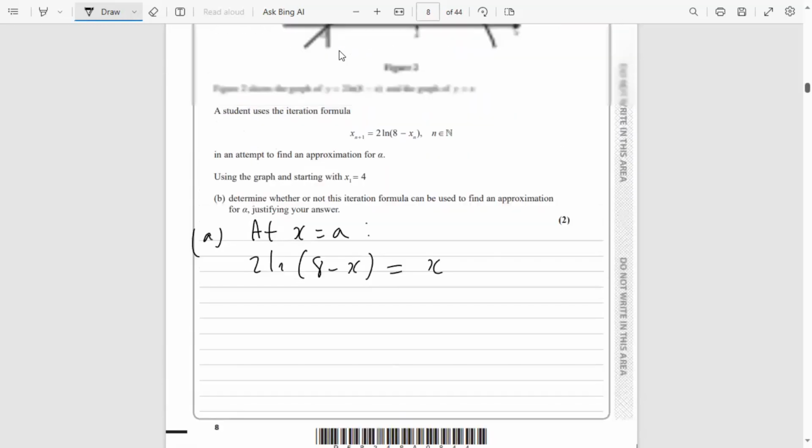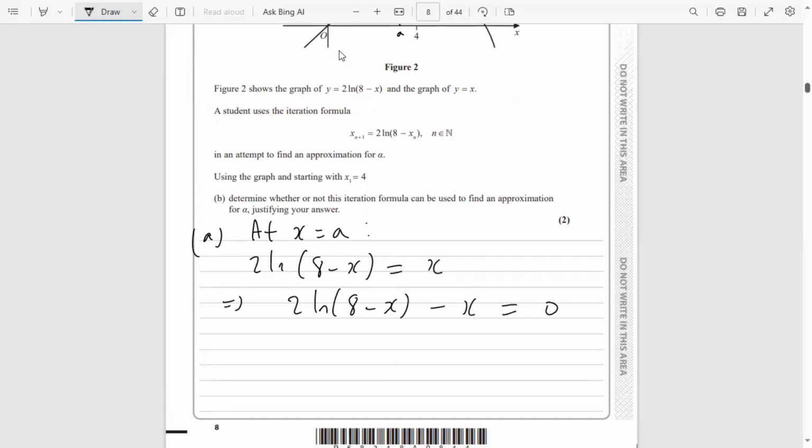Then it's a case of rearranging this equation so that we get 0 on one side. You'll see in a minute why. So we get 2 ln(8 minus x) minus x equals 0.